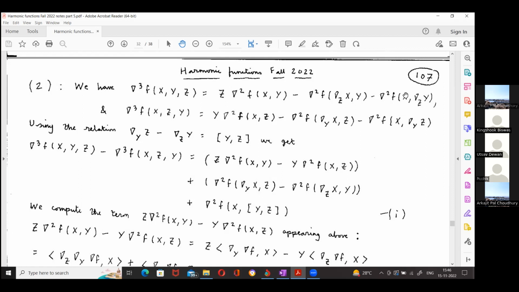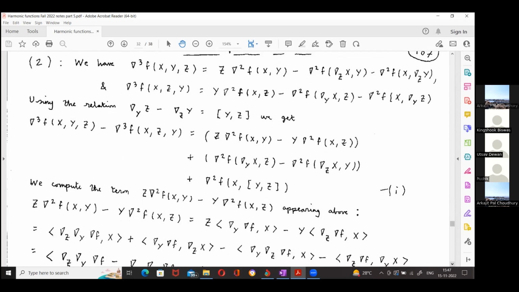When I take the difference, x is common and I'll get nabla_y z minus nabla_z y, right? So I'm taking this minus this, so I'll get plus nabla_y z minus nabla_z y. That is exactly the bracket [y, z]. So the last term will be nabla squared f of x, comma bracket [y, z], all right?